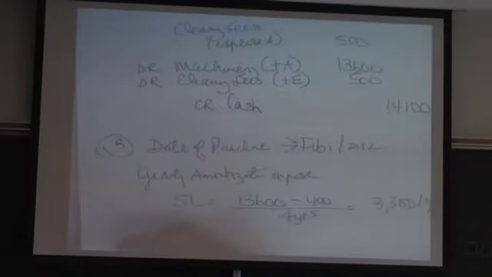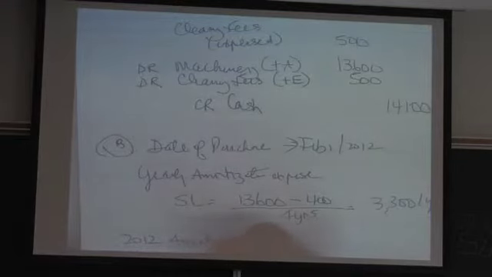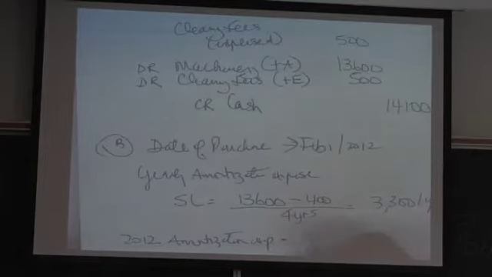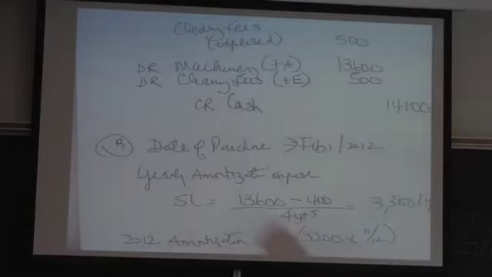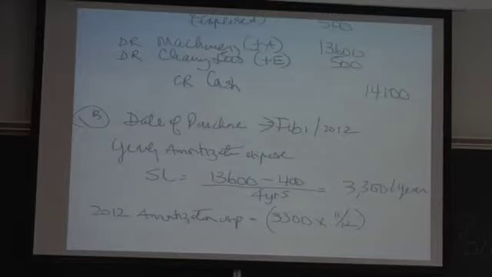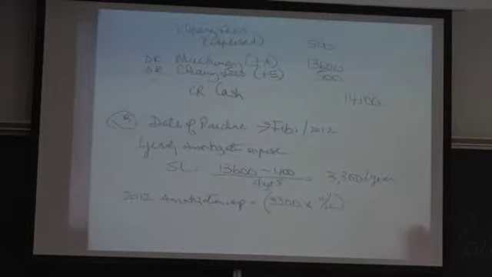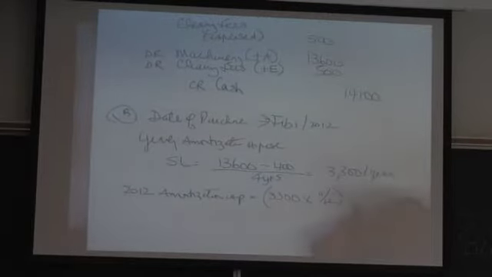So for 2012 amortization expense, it would be 3,300 times 11 over 12, because that would be the prorated year, because we bought it on February 1st. So that is our first year of amortization, which is 3,025.